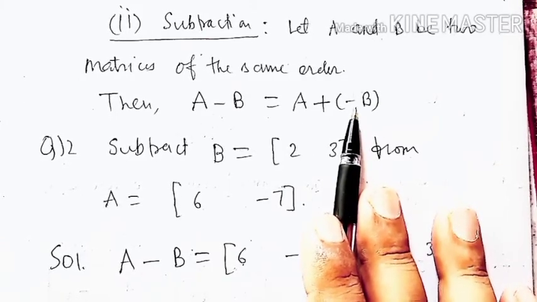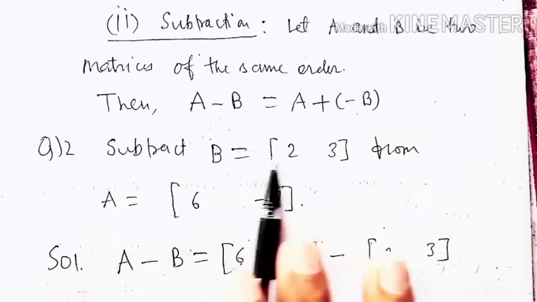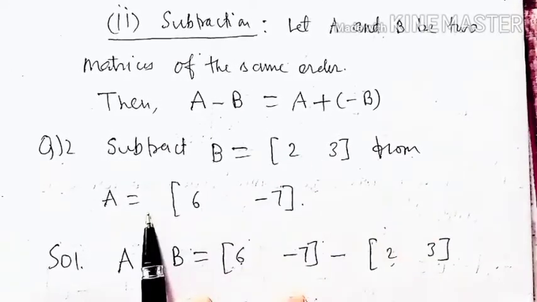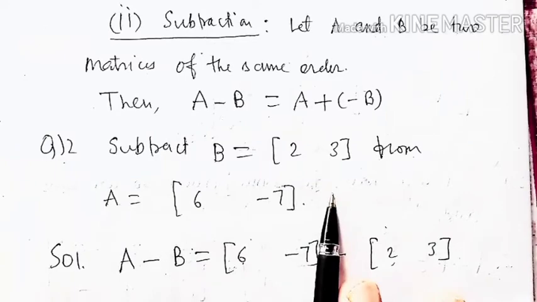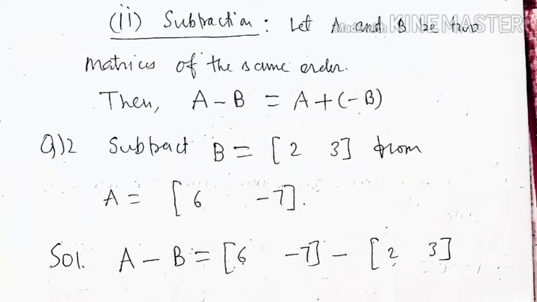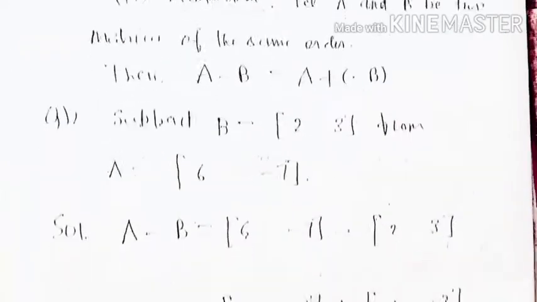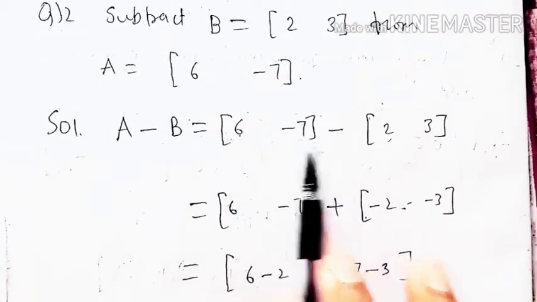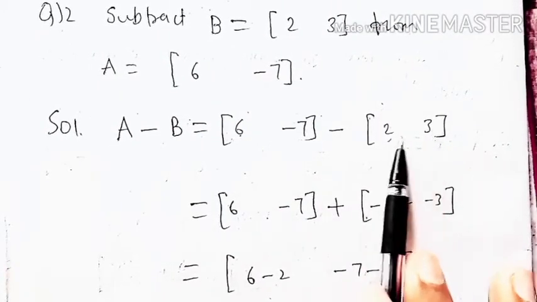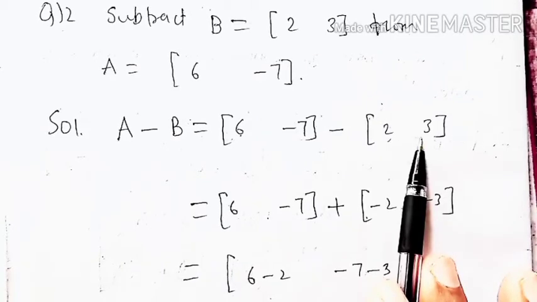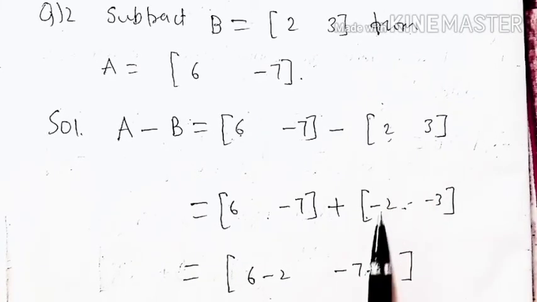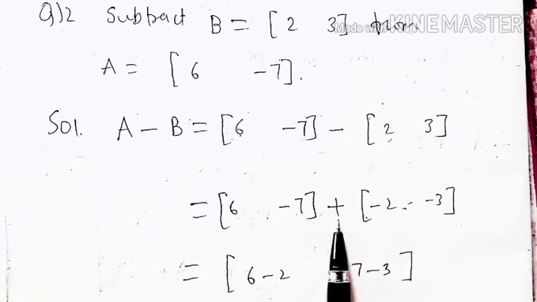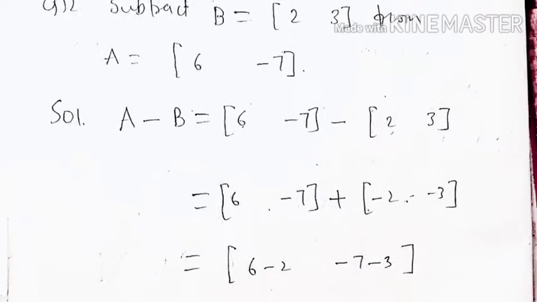For example, subtract B from A. So we do it as follows. Now A minus B is this one minus this. Now we multiply this matrix with minus 1 and add to the previous matrix to get the subtraction as 4 minus 10.